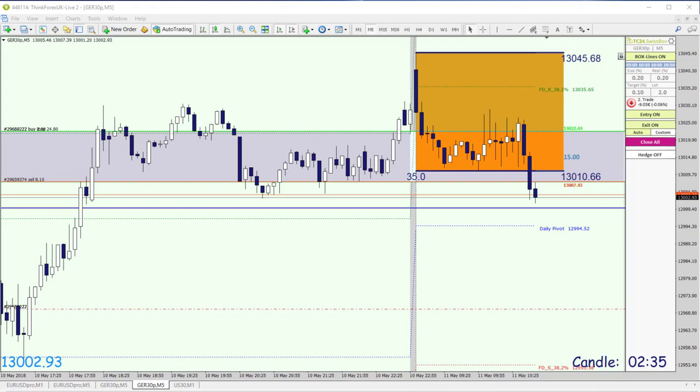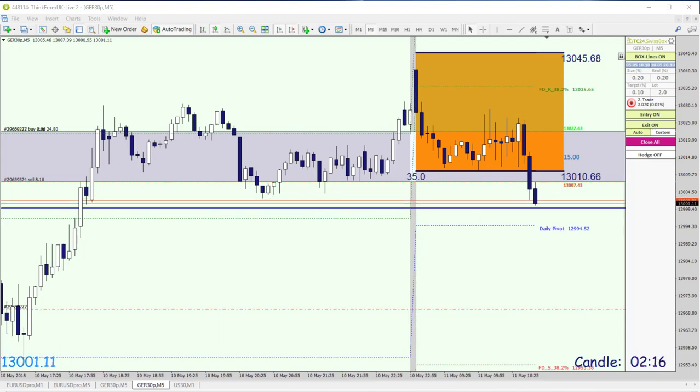So close to the big number, 13,000. Come on. By the way, it's trade number 393, consecutive winning trade with a DAX market opening, if we get out of this trade, of course. And that's it.